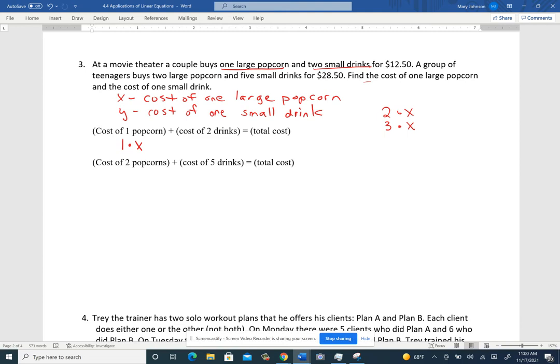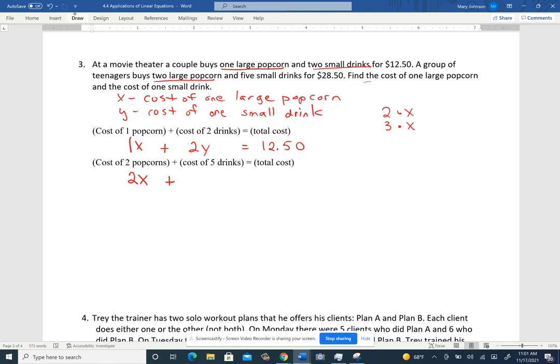Okay, the cost of the drinks is Y, and we bought 2 of them. And that wound up being a total of $12.50. When you're writing it, I don't need to actually put the multiplication sign, but that's what I'm doing: 1 times X plus 2 times Y. Now when you look at the next scenario, we got a group that buys 2 popcorns, so they would cost 2 times the cost of 1.